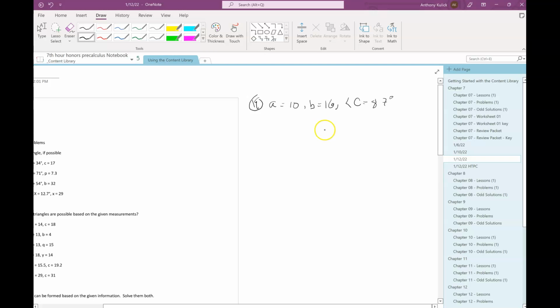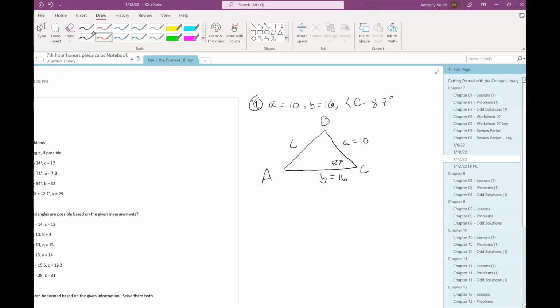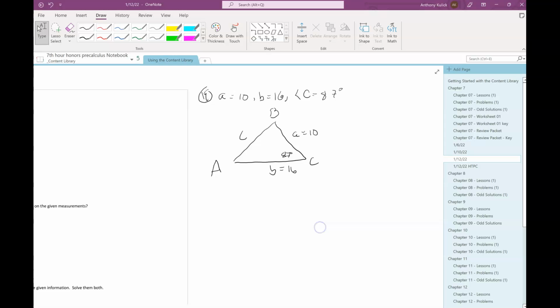So I'm going to start by drawing and labeling a picture to kind of figure out what's going on. So ABC. So what situation are we in here?